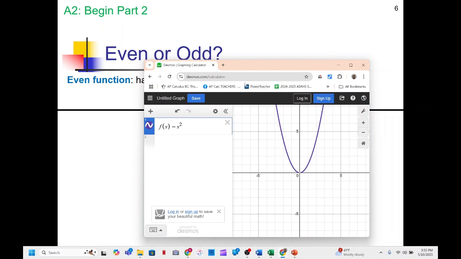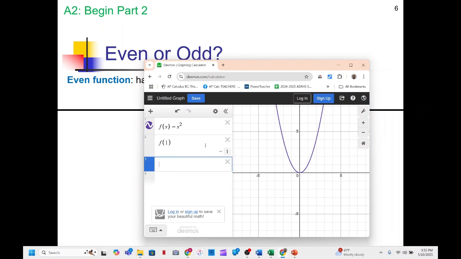Now, what is this whole f of negative x equals f of x business? Well, that's just saying if I plug in a positive or negative version of the same number, I'm going to get the same y value back. So for example, if I do f of 1, that gives me 1 back.